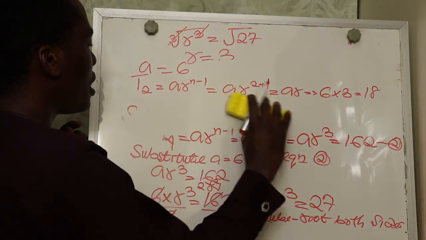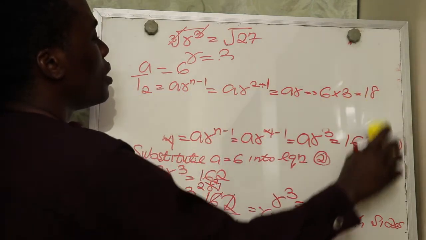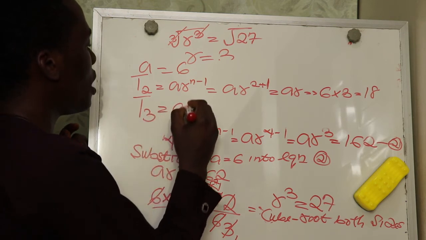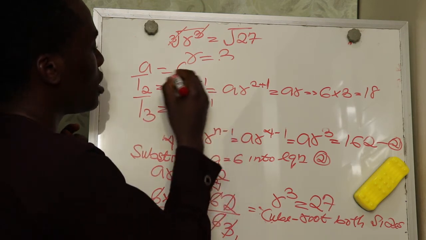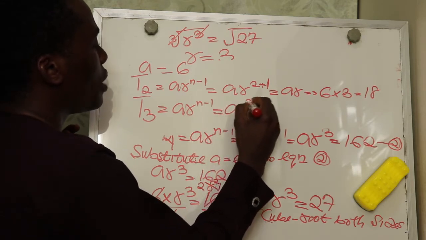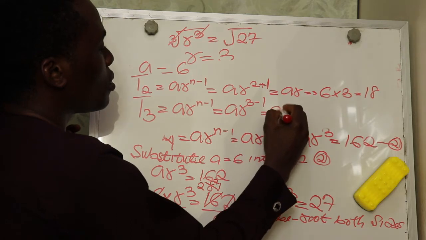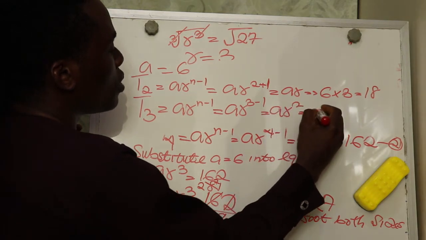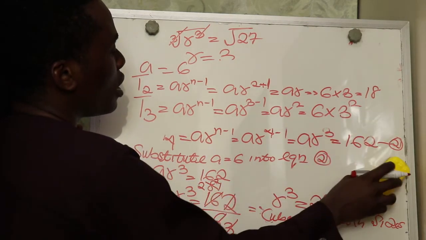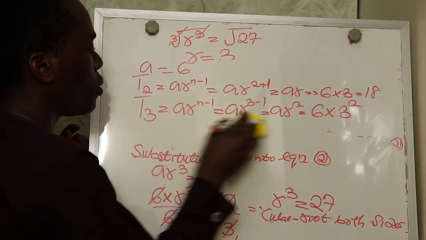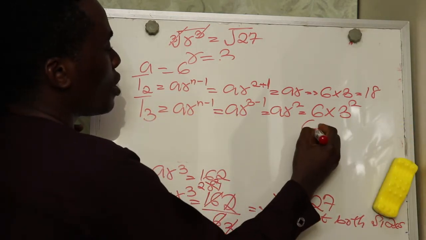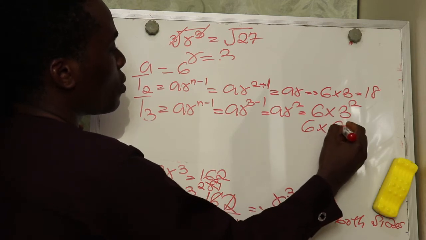Now let's go ahead and look for the third term. The third term, which is T3, will be ar^(n-1), which is the general formula, equal to ar^(3-1), which is equal to ar squared. So this will give us 6 times 3 squared. 3 squared will give us 9.